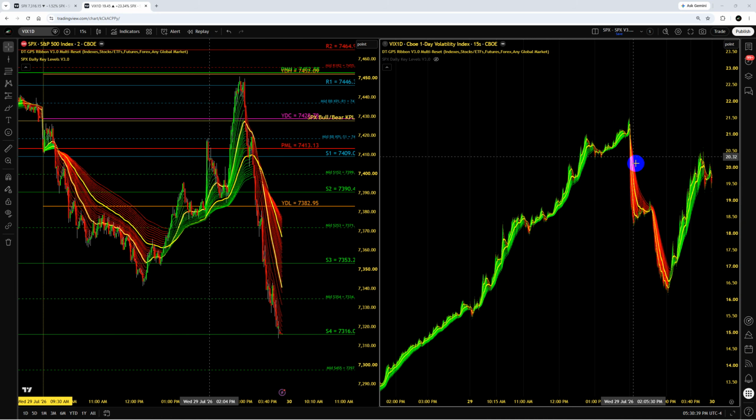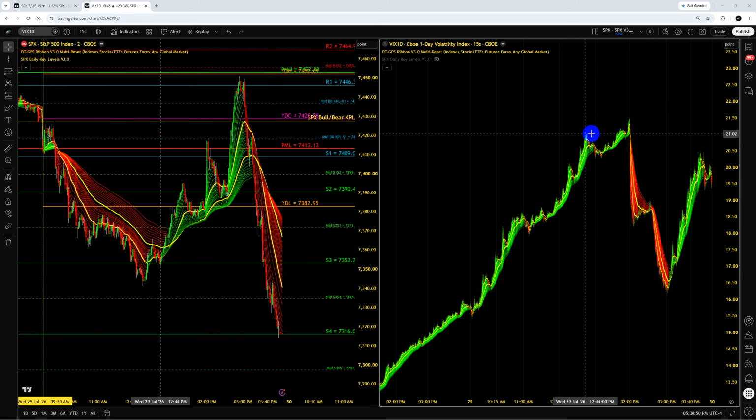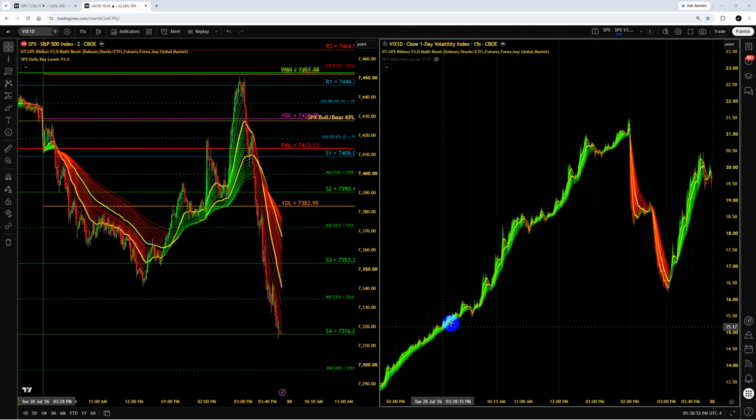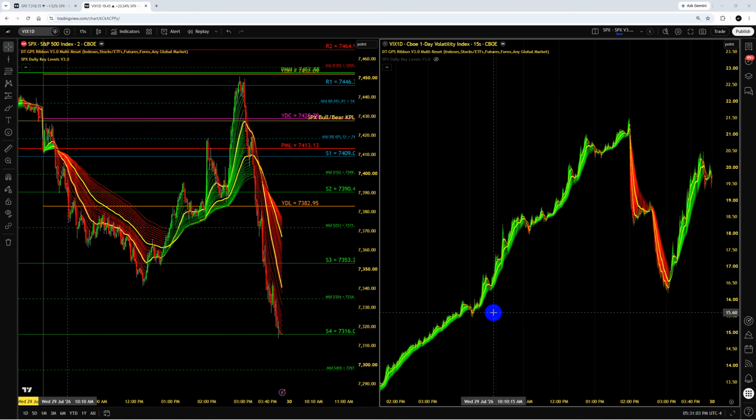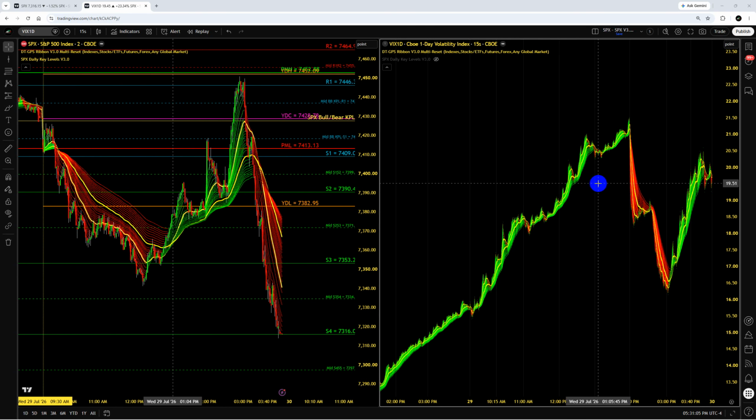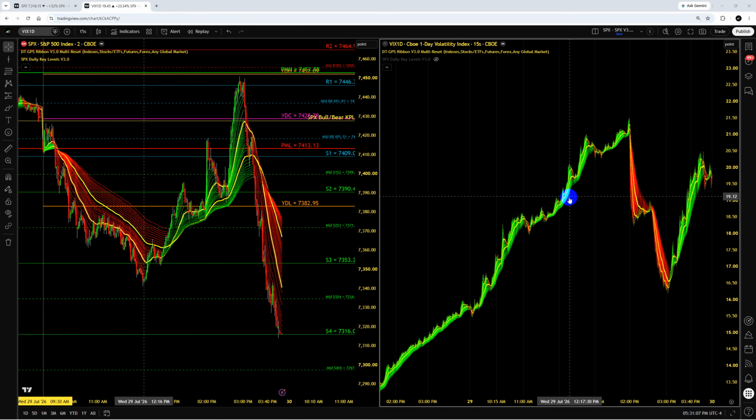So you can see here this huge drop right here is when we get this up move here, starting at around 2 p.m. So that's the Fed interest rate decision. They normally hold the volatility high anyway on Fed days as well. But in this case, we have a high volatility Fed day and we're getting a significant move down, so that made it even more extreme than it would normally be.